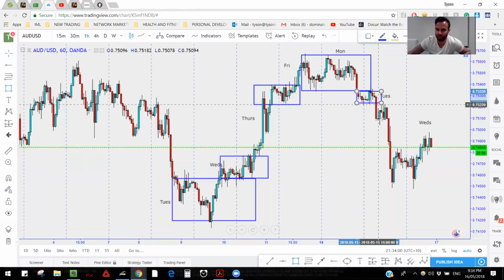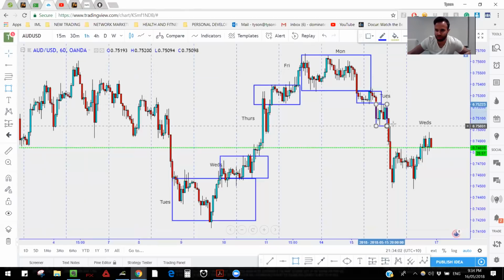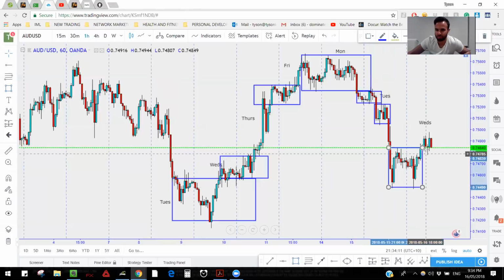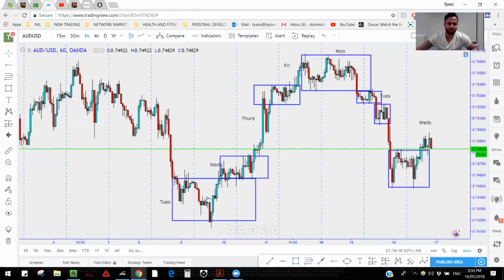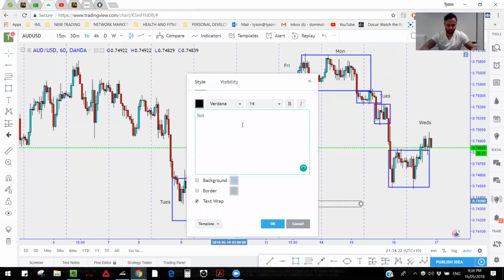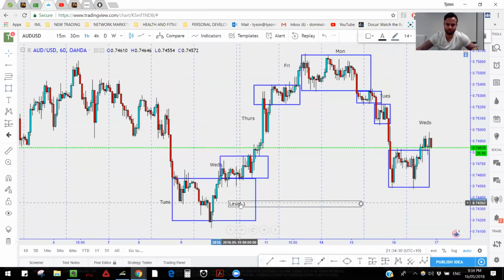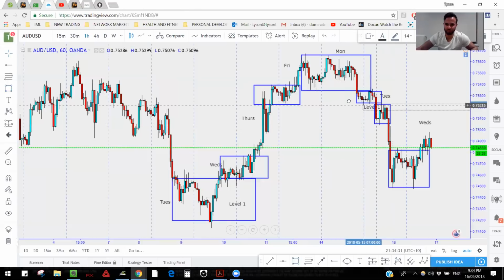So for zones, level 1, level 2, and then level 3. Level 1. That's level 1 as well.